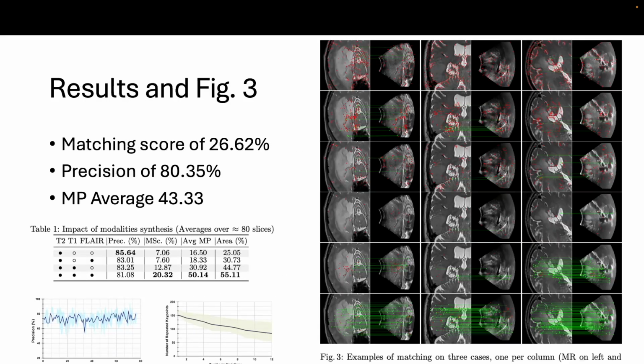So these are some of the results they found. Figure 3 shows the matching points. The points are matched to each other, and the red dots indicate wrong, and the green dots are right.